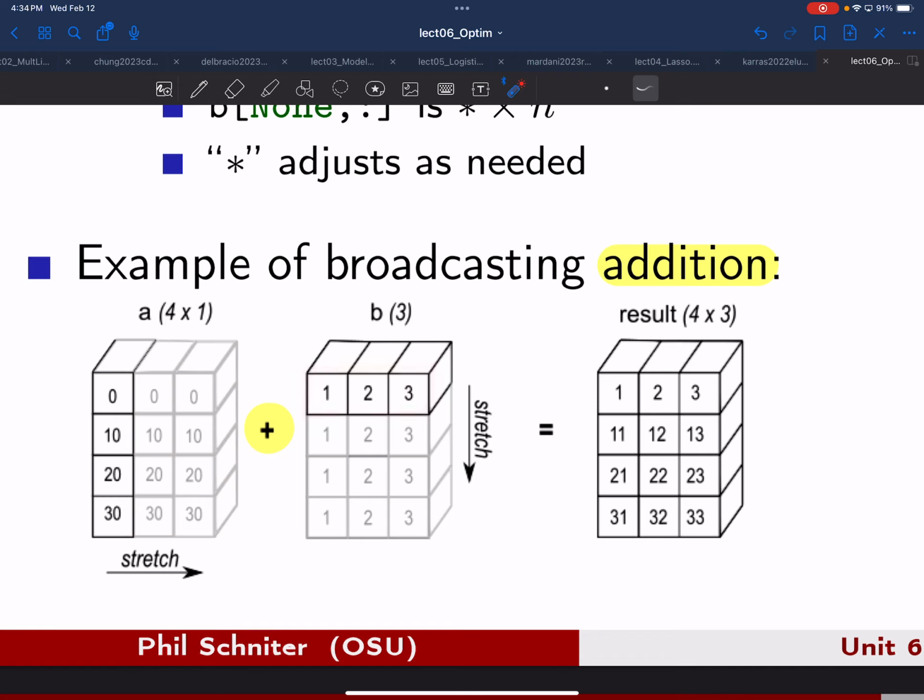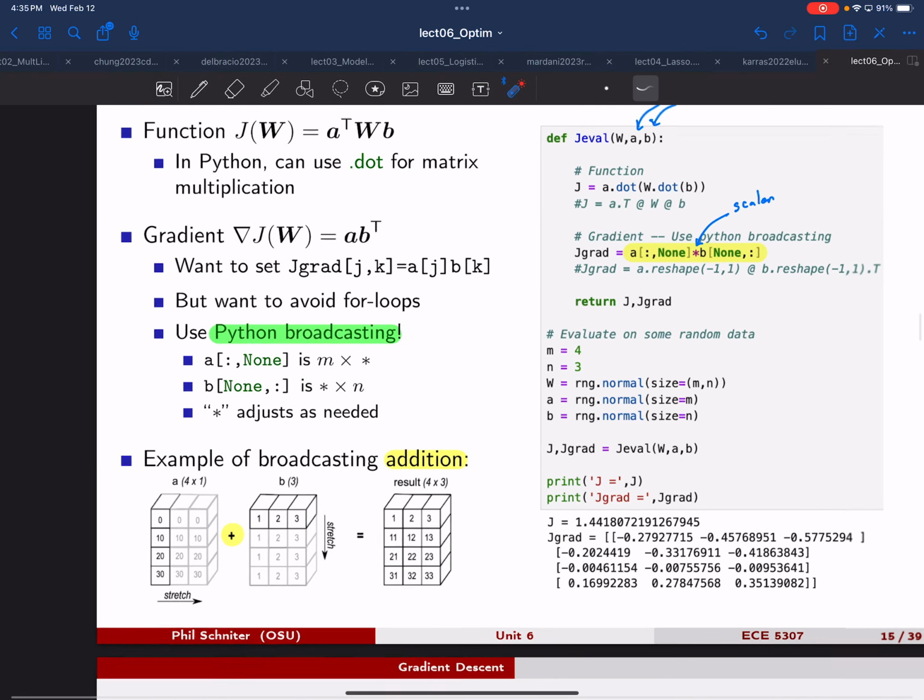And essentially what we want to do is get all combinations of elements of A plus elements of B. So we can do that by stretching A into this matrix by copying it over and over, stretching B into the matrix by copying it like this, and then just doing an element-wise addition, which gives us this. So in the code above, it's exactly this, but we're using a multiplication instead of a sum. But this shows what's happening in between.